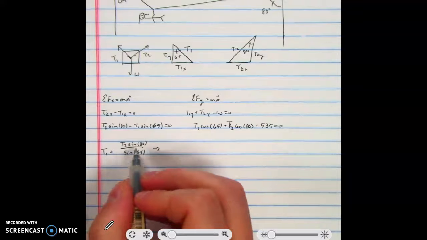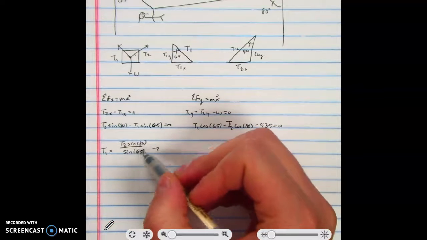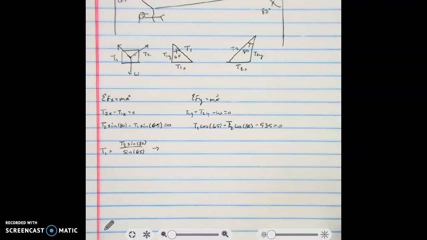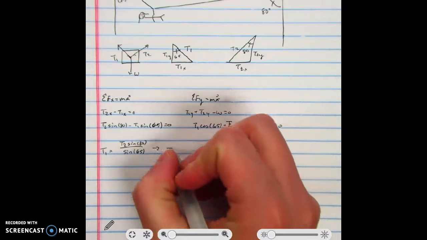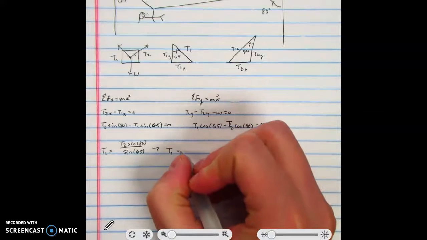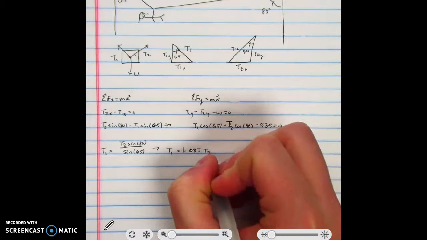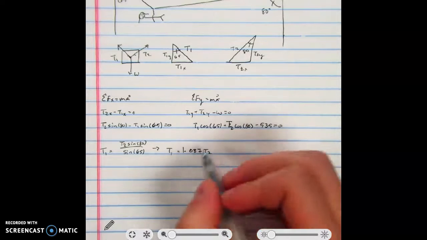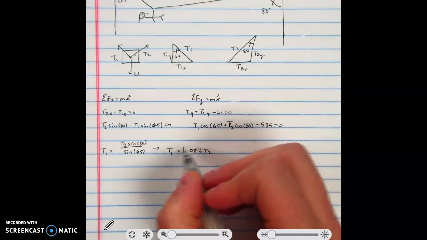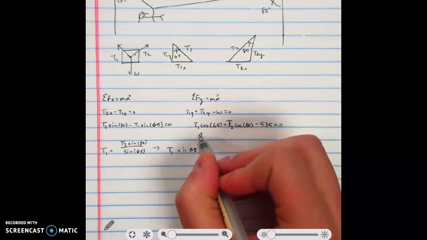Math-wise, I could take these in any order I want. I'm going to do my sine of 80 divided by sine of 65. That gives me T1 is equal to 1.087 T2. Now I'm going to substitute up there.